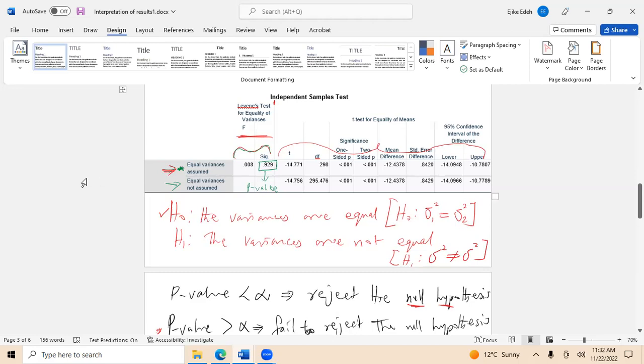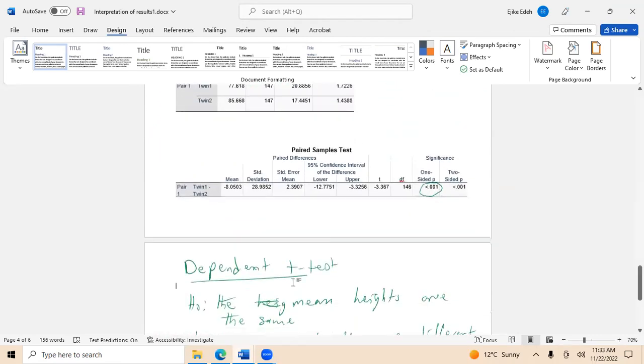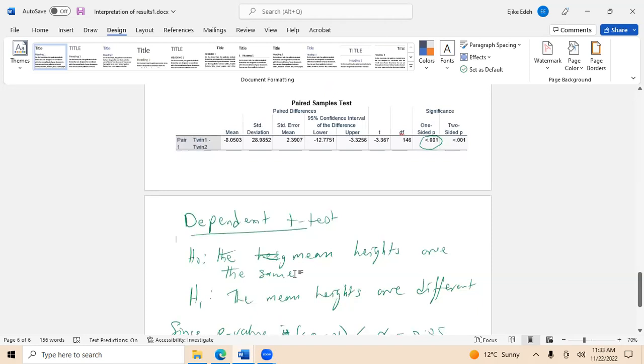So we're accepting that they are equal. So it means we're going to interpret the first row. But if we actually reject the null, assuming this p-value is less than 0.05, then we're going to go ahead and interpret the second row. Okay. But the interpretation for the independent test and that of the dependent test are just the same, other than the first.